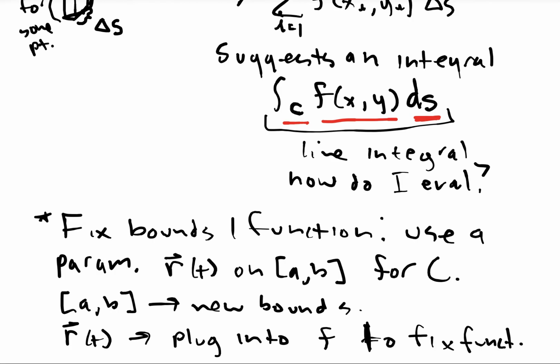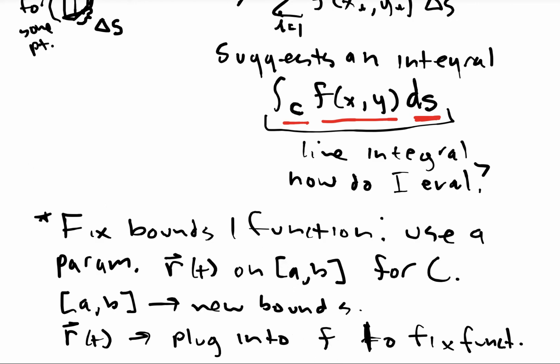The reason I say that is this: if we've got numerical bounds as new bounds, this is going to hopefully turn into a single variable integral, but f is not single variable right now. However, if you've got x components and y components for your parameterization, plug the x component in for x and the y component in for y, and then everything turns into a function of t. Then that'll make sense as a single variable integral.